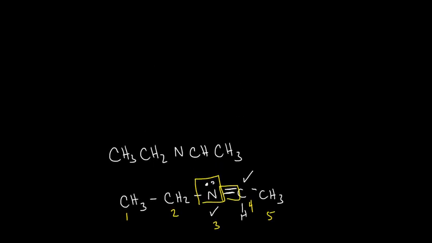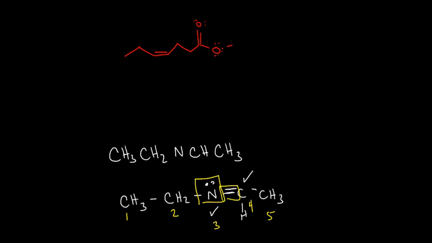What about converting a line structure with a heteroatom into a structural formula? Let's think about this compound. This is an example of a fatty acid that we'll learn about in a few weeks.